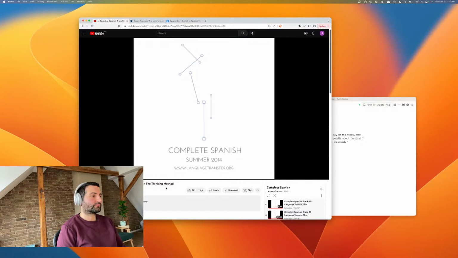Then we have por, which is much more flexible. It has many more meanings. Let's investigate some of them. Por, you can use it like because of. Sometimes when we say for in English, we mean because of. For example, if you say for this reason, what you mean is because of this reason. So you don't mean para, you mean por. So por also means for in the sense of because of.